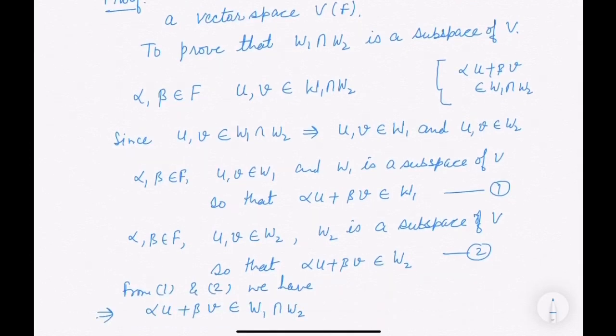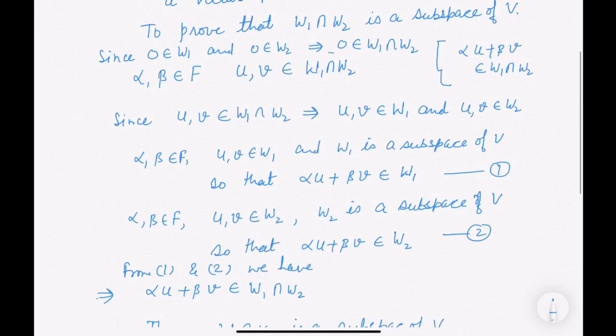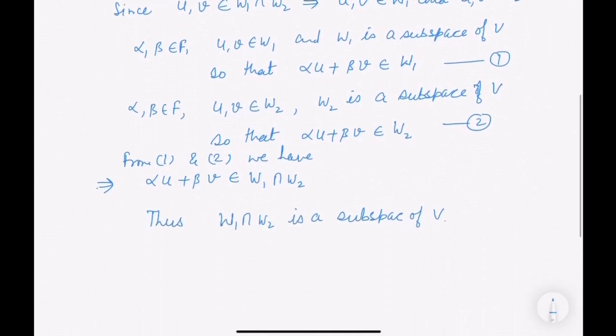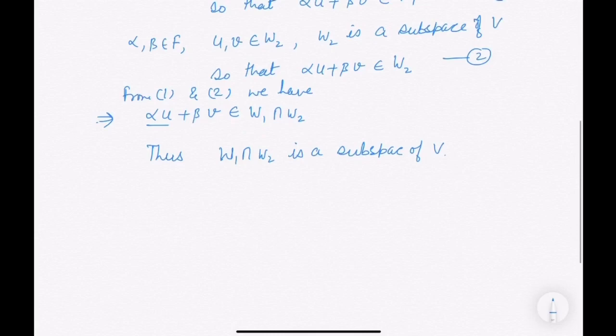Since 0 belongs to W1, as W1 is a subspace of V, and 0 belongs to W2, this implies 0 belongs to W1 intersection W2, because the identity element belongs to W1 intersection W2, and for any two elements alpha, beta belonging to the field and U and V belonging to W1 intersection W2, alpha U plus beta V belongs to W1 intersection W2.